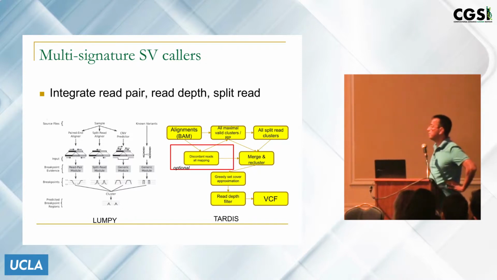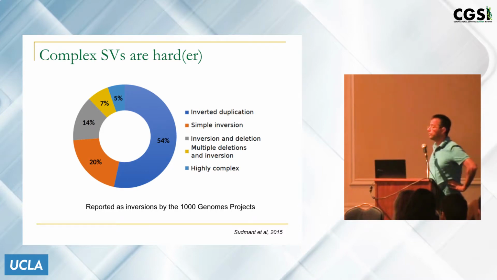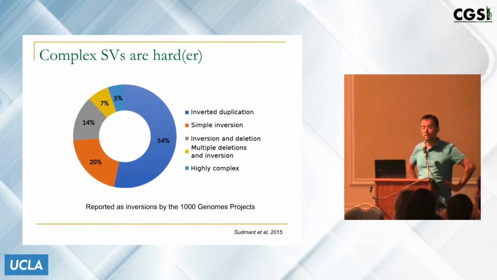So these are the reported inversions by the 1000 Genomes project, the latest one, the greatest call set. And if you look at those inversions closer, actually only 20% of those inversions by the 1000 Genomes project are inversions. So the remaining 80% is something else.